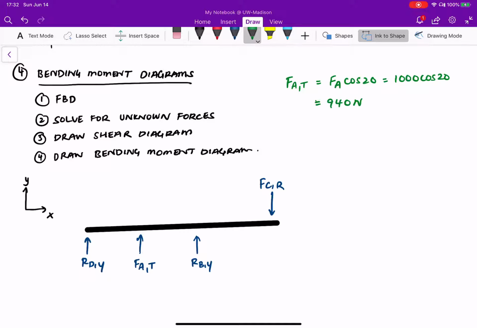Then we need FA radial, which is 1000 FA sine 20. Or I can also solve this by just taking 940 and dividing it by tan 20. Wait, this is sine, sorry.